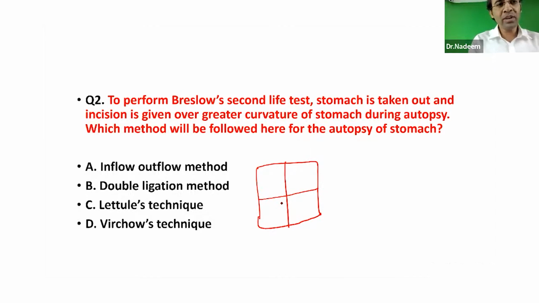Dr. Shubham, the answer to the first question will be suspended animation. Okay, fine. Whenever we perform post-mortem examination of the heart, we have to follow the route of blood circulation, inflow and then outflow. This is the right atrium, right ventricle, left atrium, left ventricle.